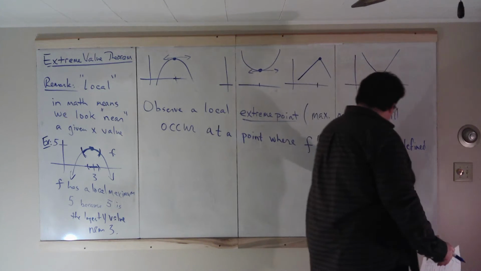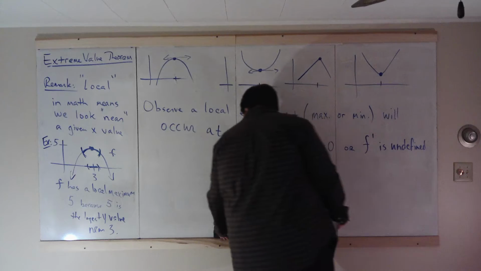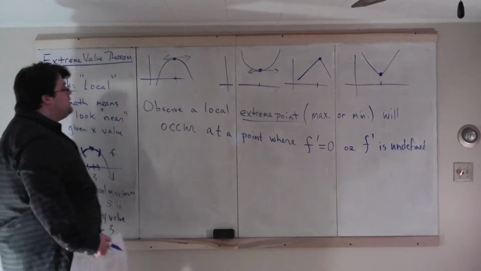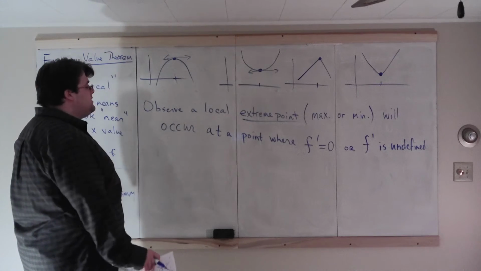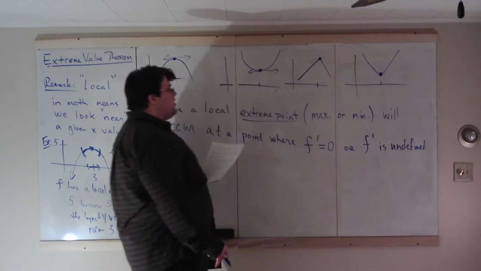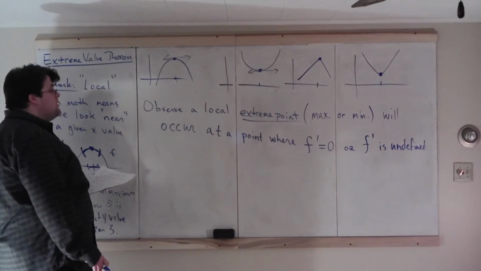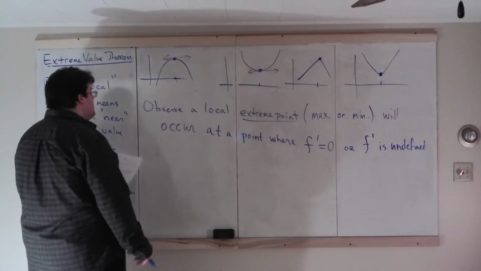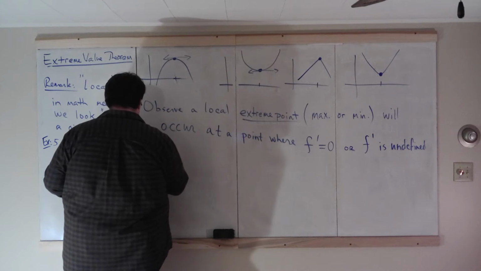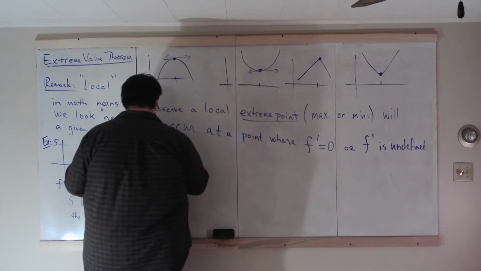We won't worry about vertical tangents. But here, with these 4 graphs, we see that we can easily, using the derivative, describe where a local extreme value will occur. So let's define this. Definition.